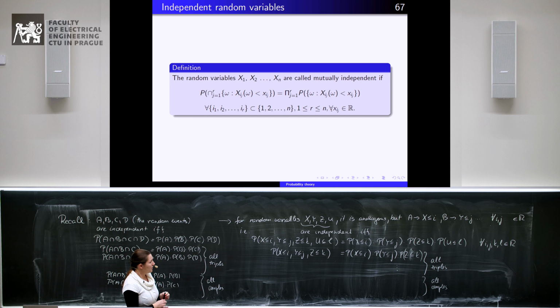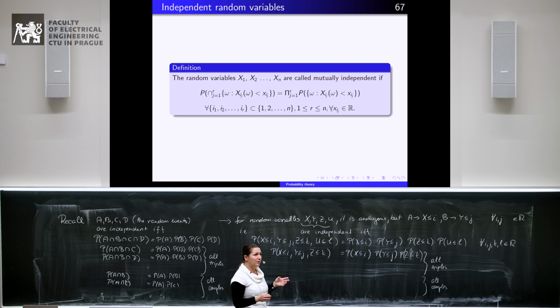It is nice that while the random events were quite arbitrary, they described some concrete situation. For example, the event that the number of spots on the die is odd, or the number of spots on the die is less or equal to 3.